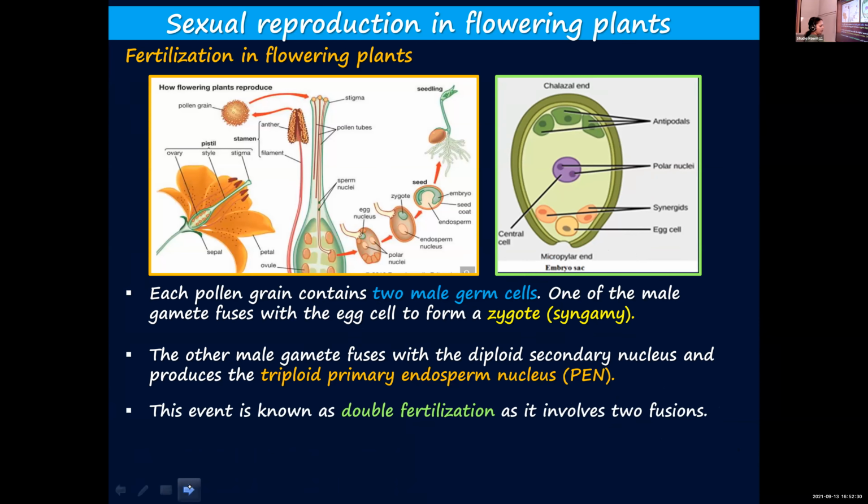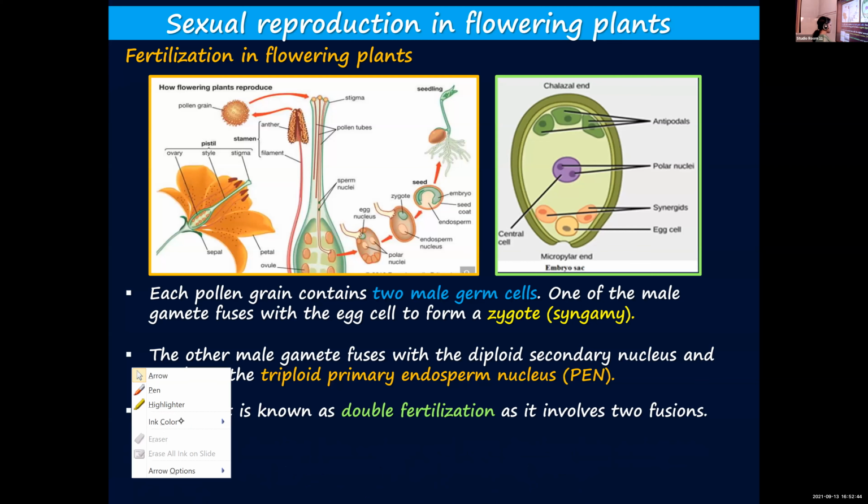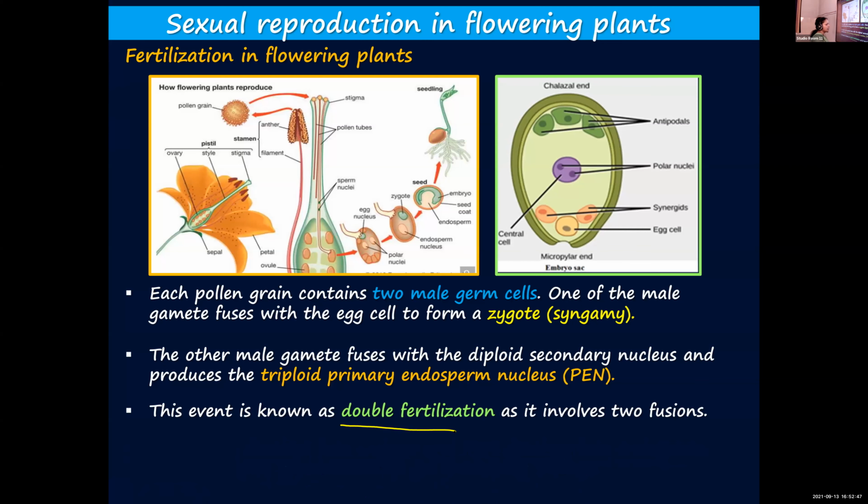And this event is known as double fertilization. Why double fertilization? Here 2 fertilizations are taking place. One is syngamy, and the other we call triple fusion, because 3 nuclei are fusing: 2 polar nuclei, or the diploid secondary nucleus, and 1 male gamete.